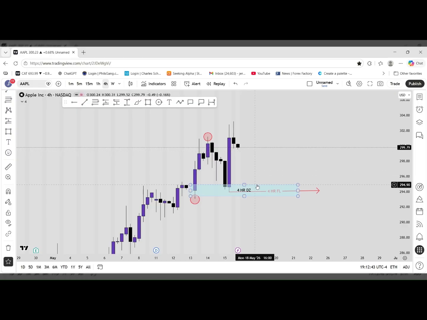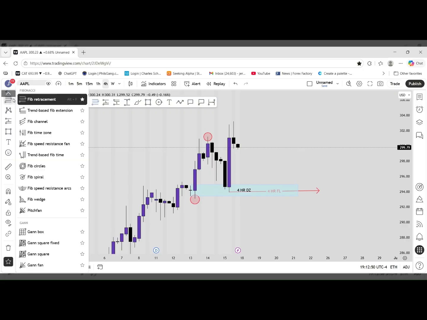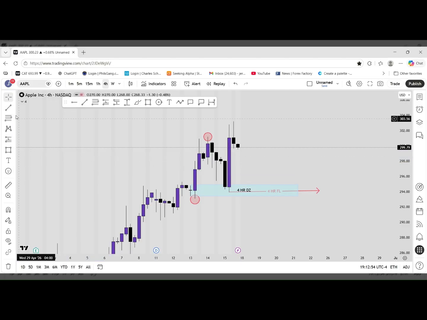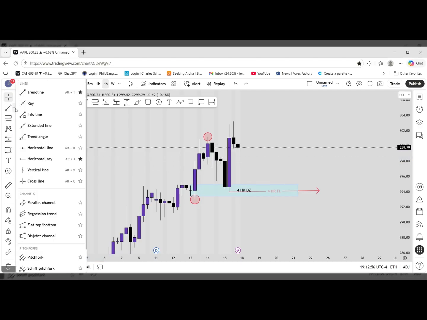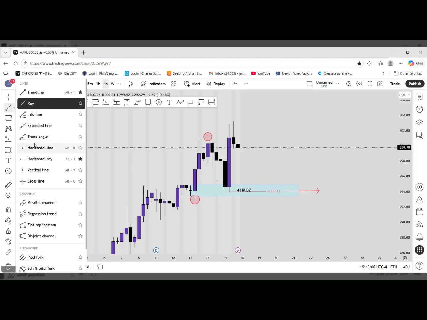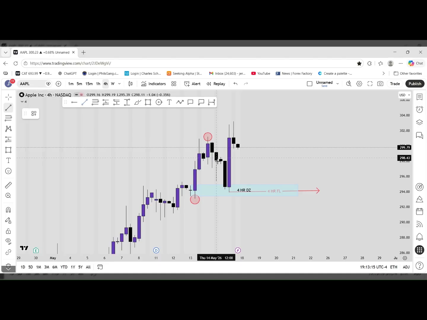If it comes down here and then comes back up this way, let's grab a tool here. Say it does something like this. Sorry, I don't normally draw this part, I'm just trying to show it to you. Let's see, trend line.